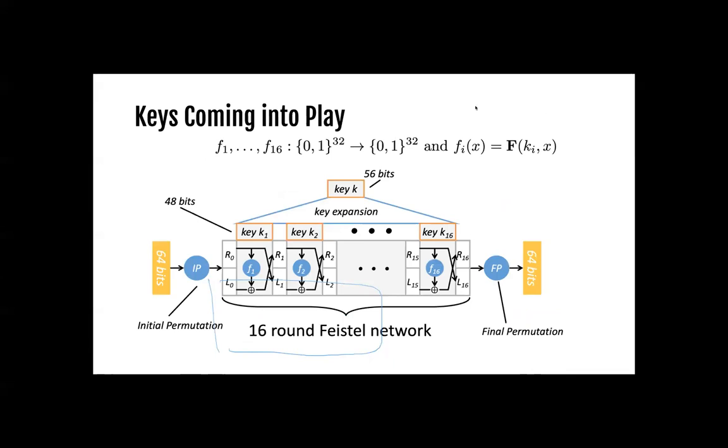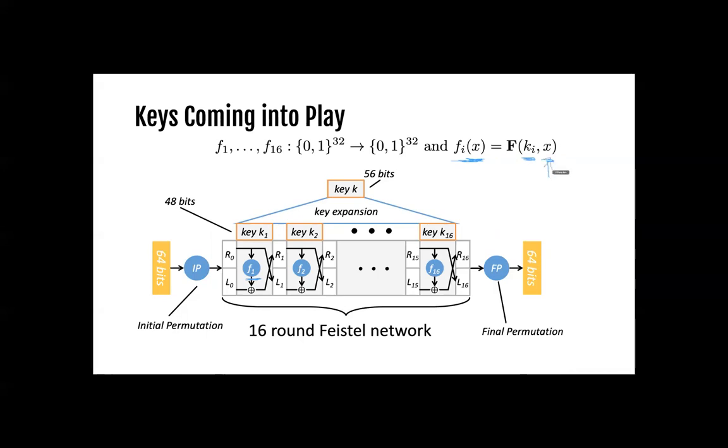One second, let me clear this out. The way that the key works is that the key itself is part of this one-way function. Those one-way functions are fixed, but they take both the input, which is R0 or L0 depending on encryption or decryption, as well as the key.